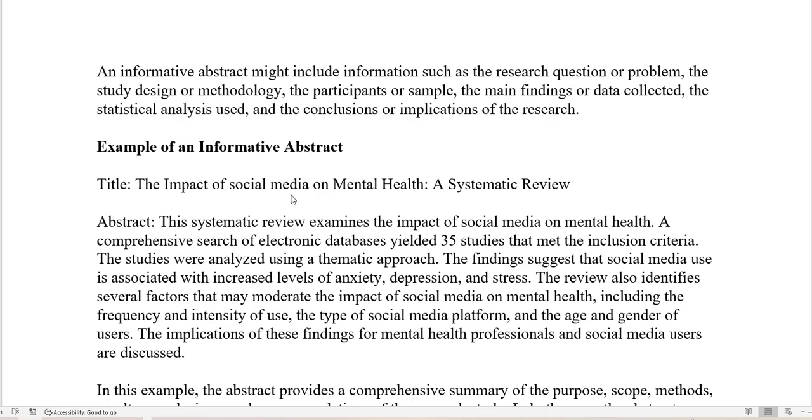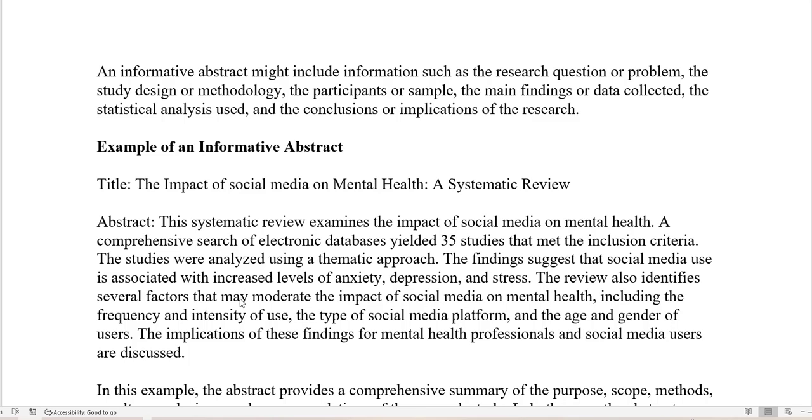The impact of social media on mental health, a systematic review. This systematic review examines the impact of social media on mental health. A comprehensive search of electronic databases yielded 35 studies that met the inclusion criteria. The studies were analyzed using a thematic approach. The findings suggest that social media use is associated with increased levels of anxiety, depression, and stress.